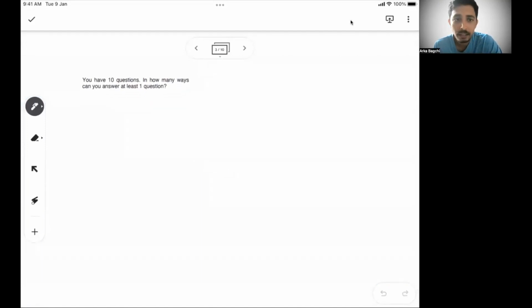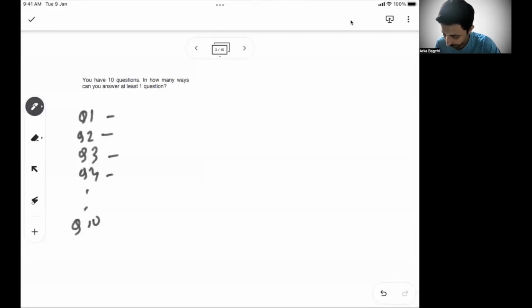See the next problem. This says you have 10 questions. In how many ways can you answer at least 1 question? For every question, say question 1, 2, 3, 4 till question 10, you always have 2 options: either you answer or don't answer.